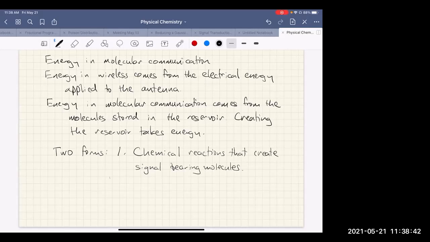Again, if you create this reservoir of N molecules, and for each one there's a chemical reaction that creates it, with an energy E_M, energy per molecule, associated with that, then the total energy required to create the reservoir will be N times E_M. So very simply, energy scales linearly with the signal strength, or the amount of signal.